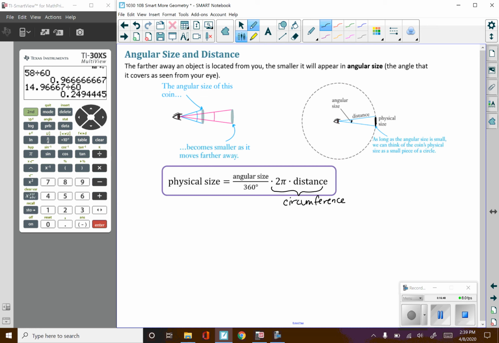The physical size is just a portion of the circumference. We take the angular size and divide it by 360. So this is basically just an arc length formula. We're going to use this in two examples. In the first example, we are going to calculate the physical size. And then in our second example, our variable is going to be the angular size, and we're going to solve for that.